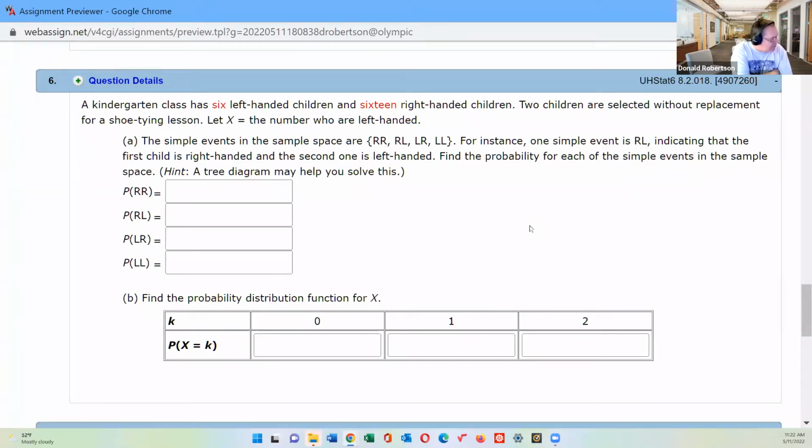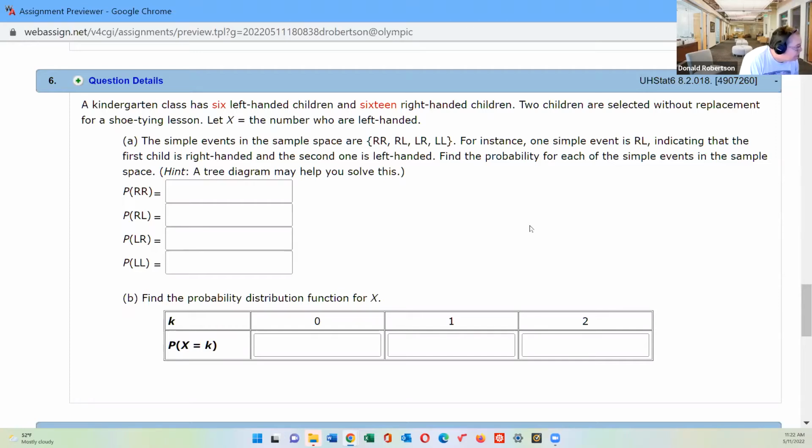Now, the next group of questions, I think I should probably write these down and do it on paper. So a kindergarten has 6 left-handed and 16, I'll write that down in numbers then. So if you're left-handed, 6 of them.